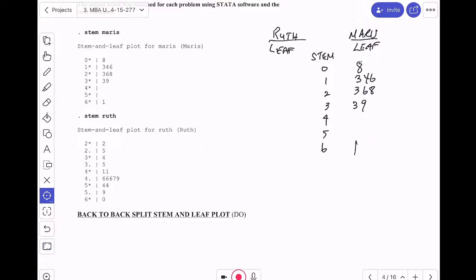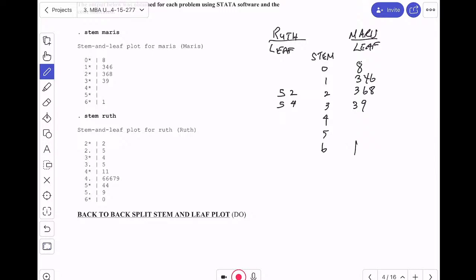So I want to put on here Maris, and see Maris will start here, right? Because it starts in the 20s. So 22, and then the next one is 25. So I'm going to include that here. You see, so I'm going this way in order increasing from left to right, and that will be for the 20s. So for the 30s, it's 34. They have to be aligned, and 35.